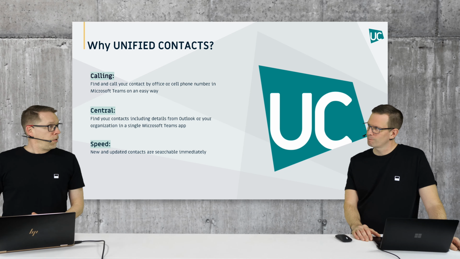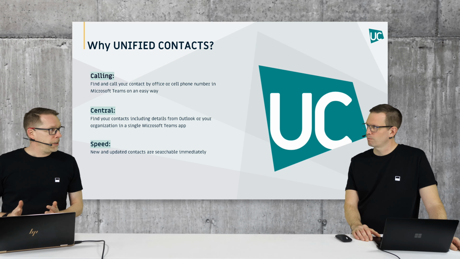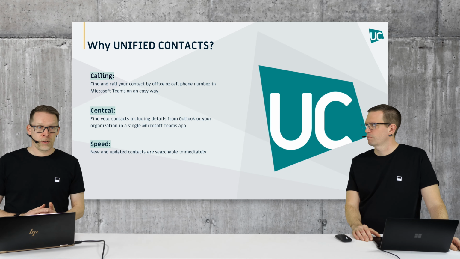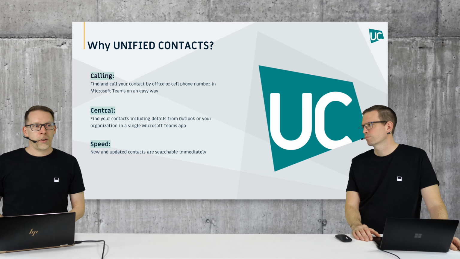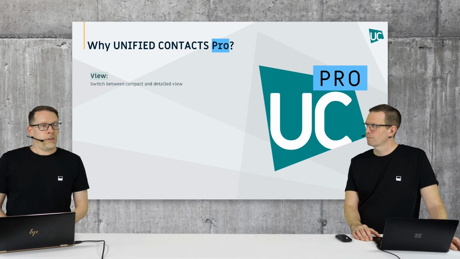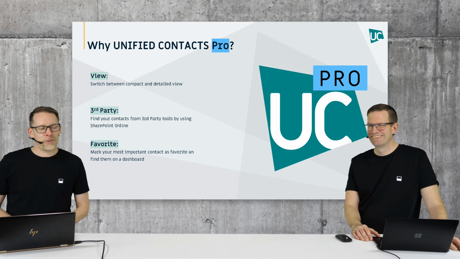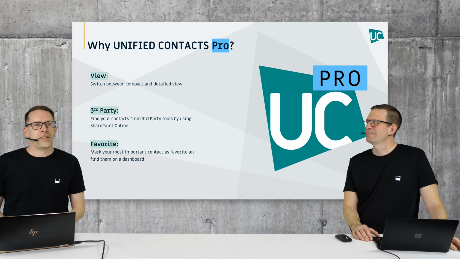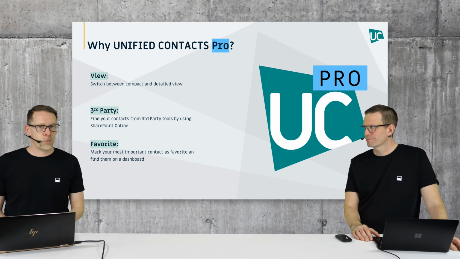We do talk about Unified Contacts Pro Edition, you said already. So we do have the free edition. Maybe you found it already in the Microsoft Teams App Store or you watched our other videos. So what's the benefit of the Microsoft Teams app, Unified Contacts Pro? Of course, we added some more features within this product.